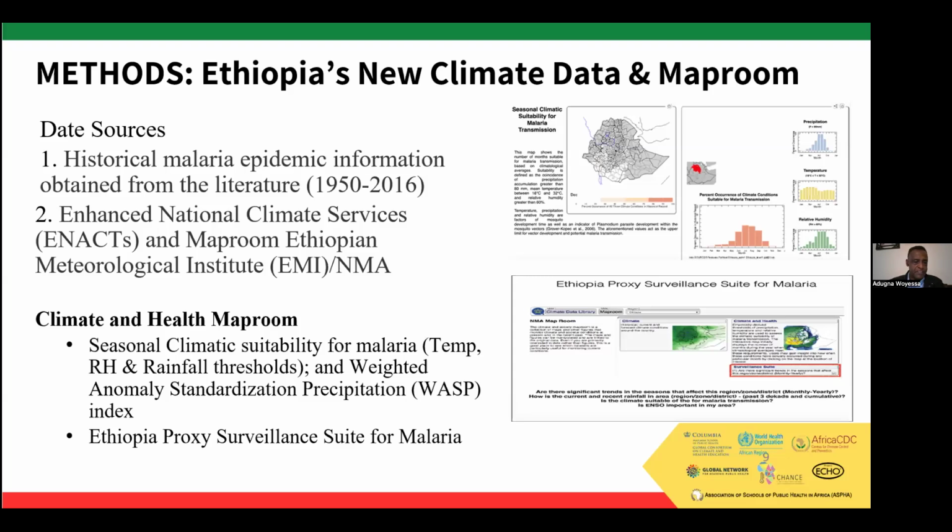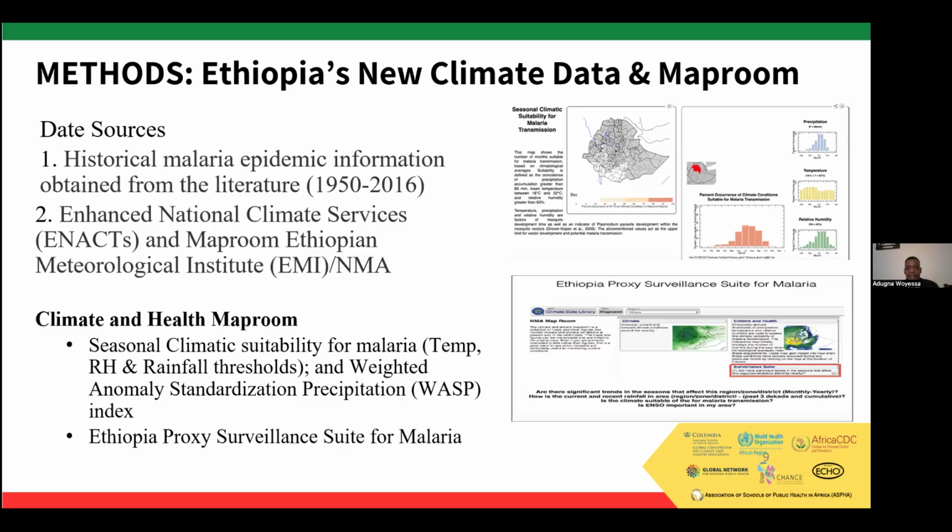And I've already mentioned how these enhanced national climate services and MAPROOM, that means when we say MAPROOM, that is where you can access maps of different impacts of climate in various forms that can be used by the health sector, agriculture, water, and so forth.